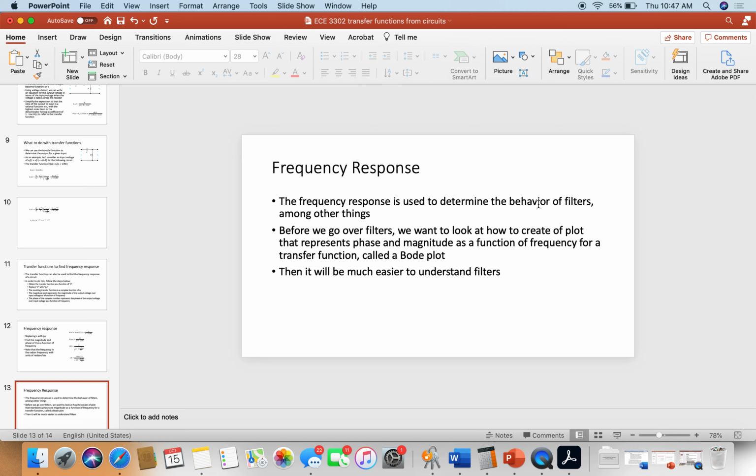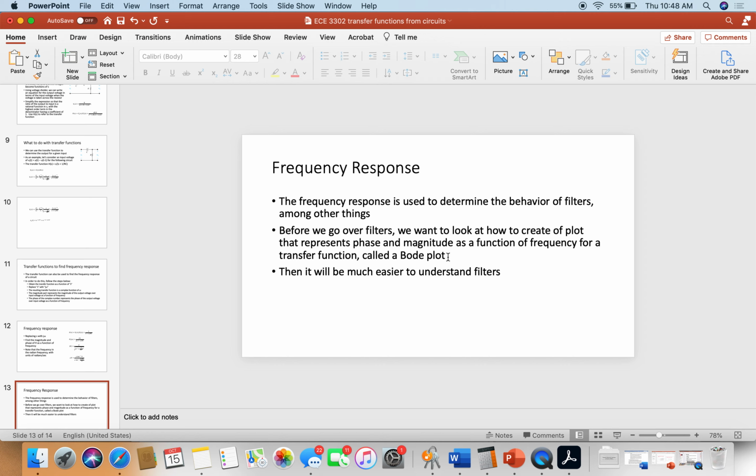The thing to remember is that the Bode plot is used not just for filters. It can be used for any number of things. It basically is a generic mathematical tool that gives you a visual representation of what happens to the phase and the magnitude of a transfer function when you look at its frequency response in a certain set of units.